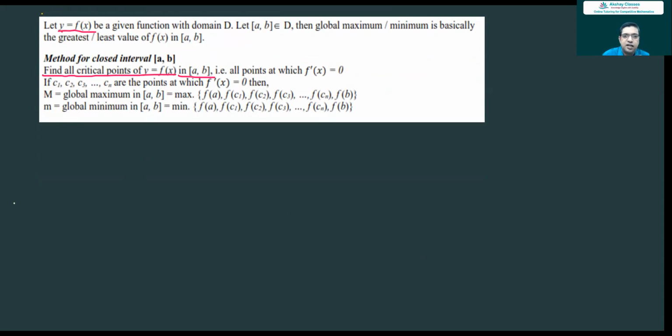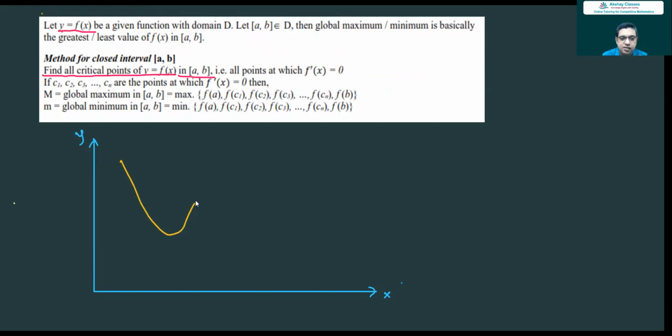So let's take an example graphically. Let us take a function like this. So generally it is like this, or a polynomial can be of this form.